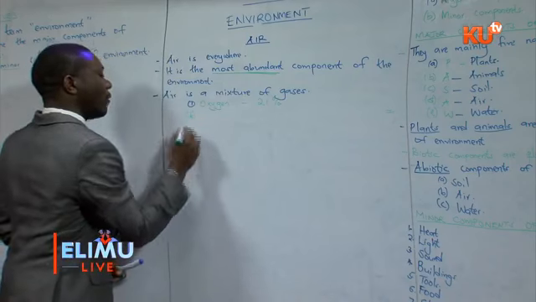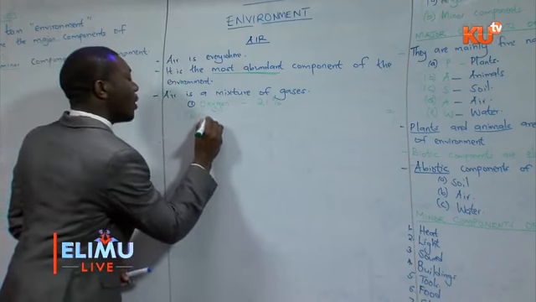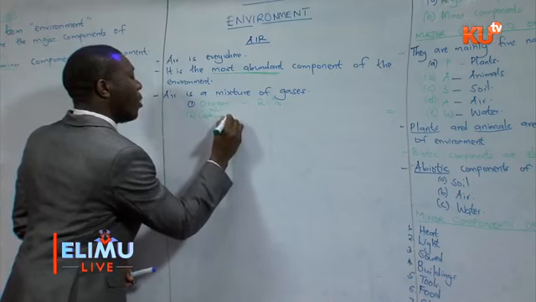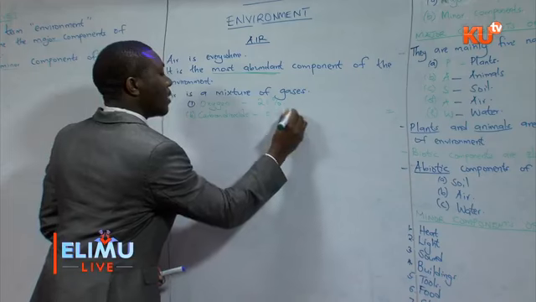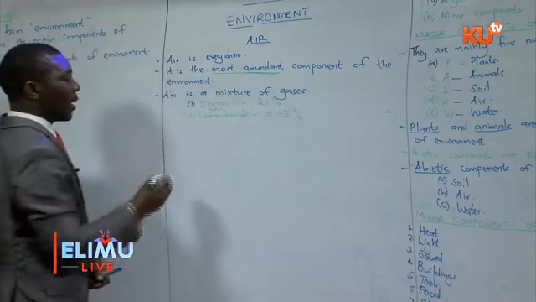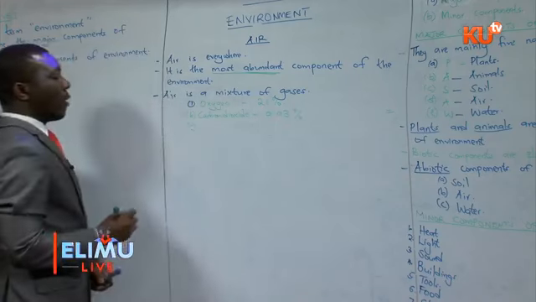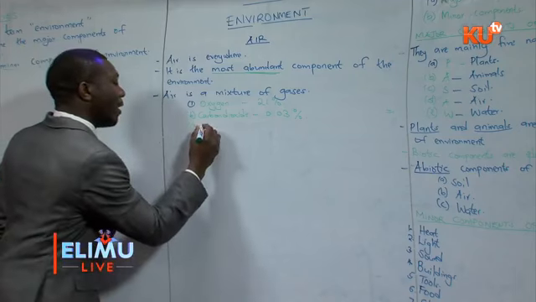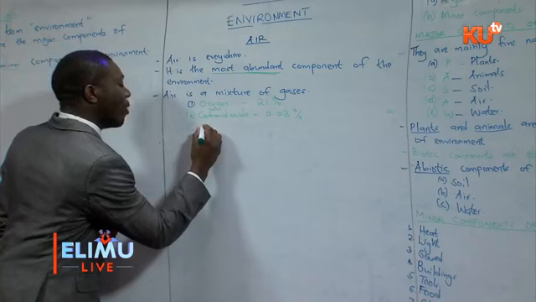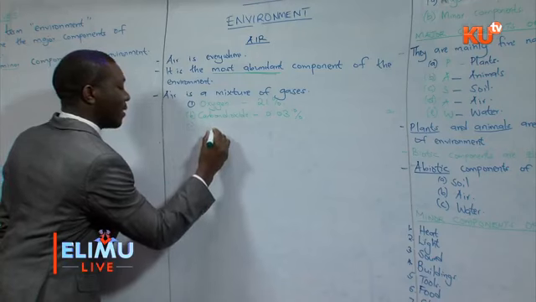2, we have got this one known as carbon dioxide. Carbon dioxide occupies 0.03% of the air, okay? And then 3, we have got another component of air known as inert gases.